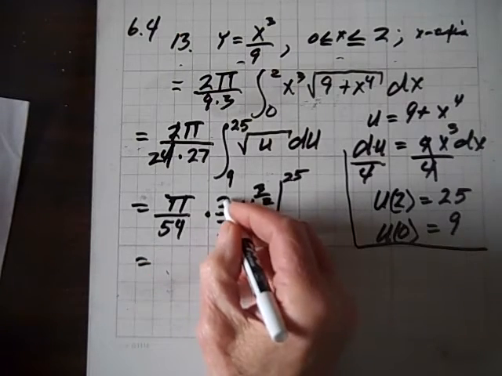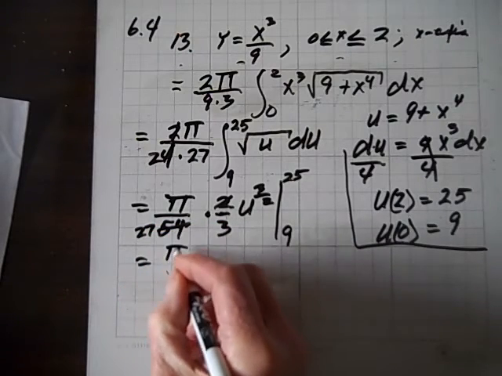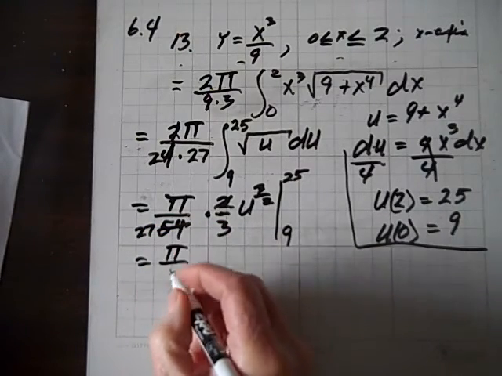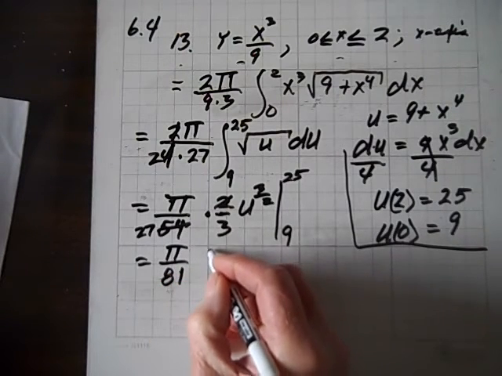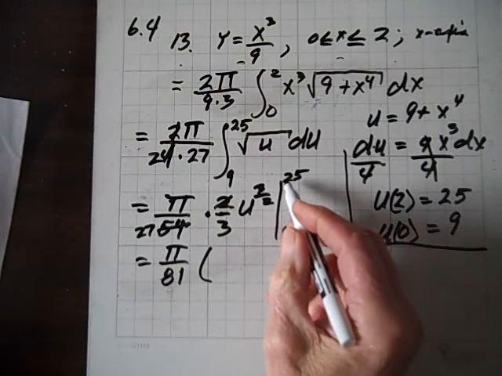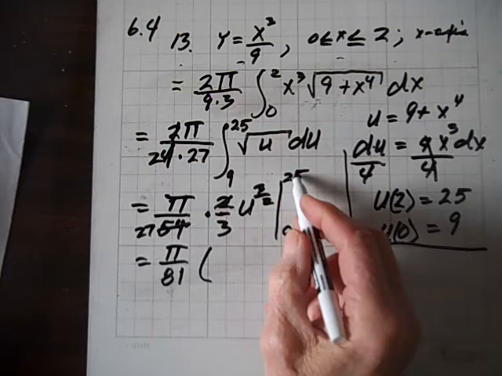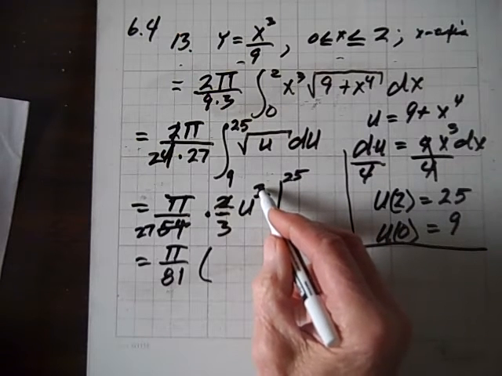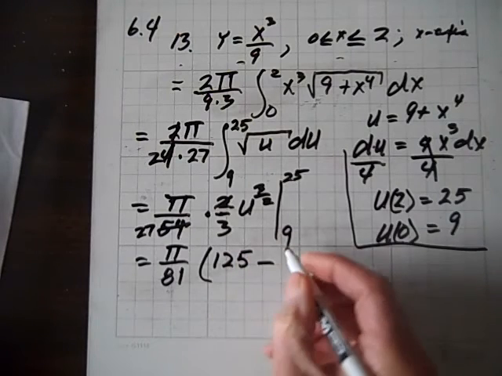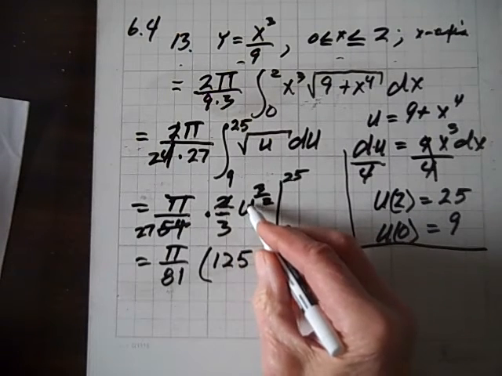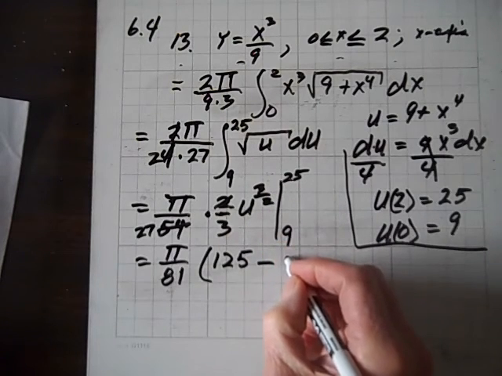And so 2 goes into 54 27 times, and 3 times 27 is 81, and times 25 to the 3/2. Well, the square root of 25 is 5, and 5 to the 3rd power is 125, minus, now putting 9 in for u, the square root of 9 is 3, and 3 to the 3rd power is 27.